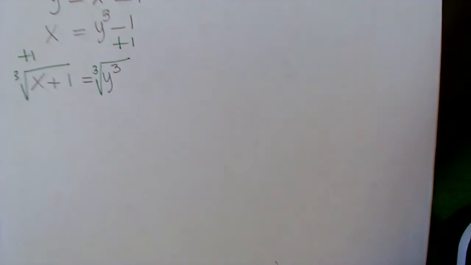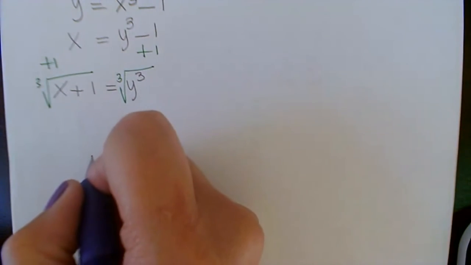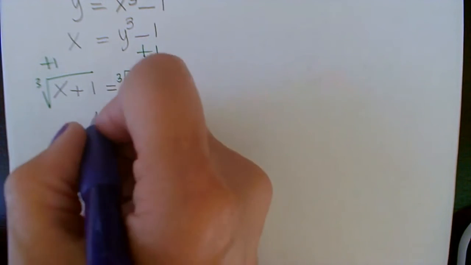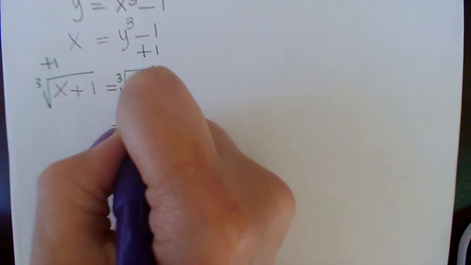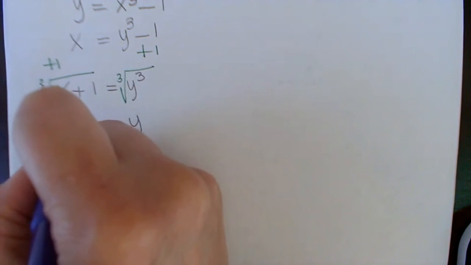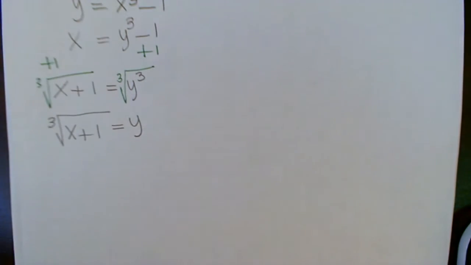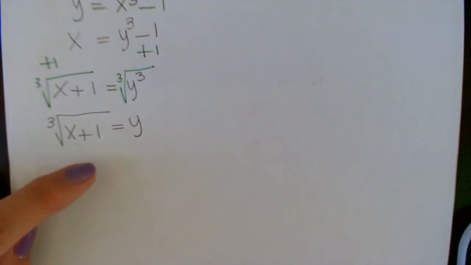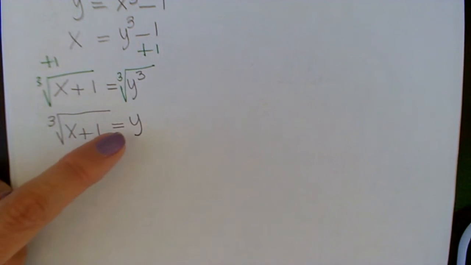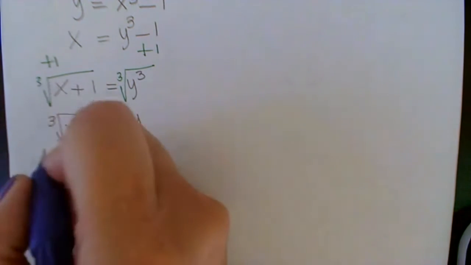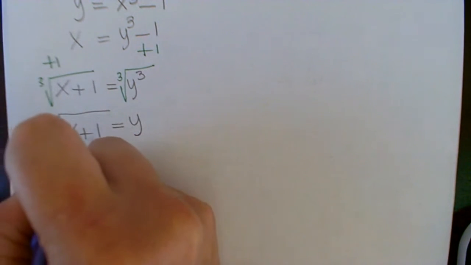What do I do here? Cubic root on both sides. And what do I get? y is equal to the cubic root of x plus 1. Now I'm going to substitute this y for f inverse.